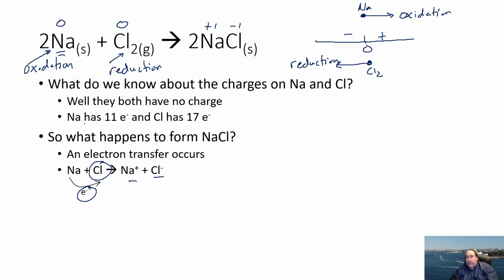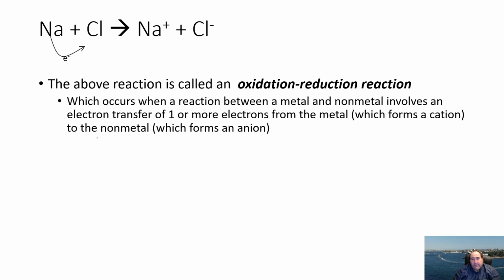So this is a redox reaction. It's an oxidation reduction reaction. It's also the formation of sodium chloride. But what is ultimately happening here is the transfer of electrons, the third reason why a reaction takes place.